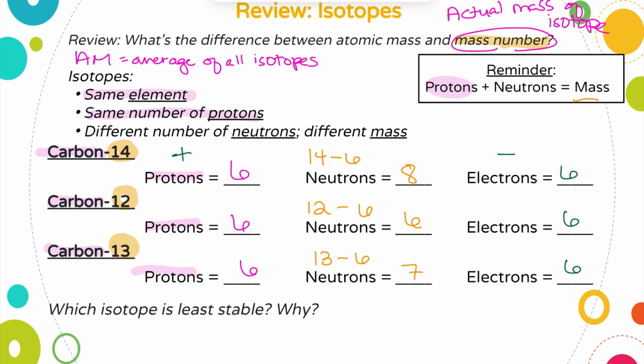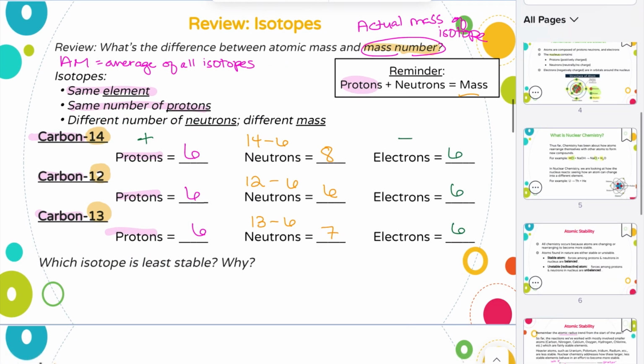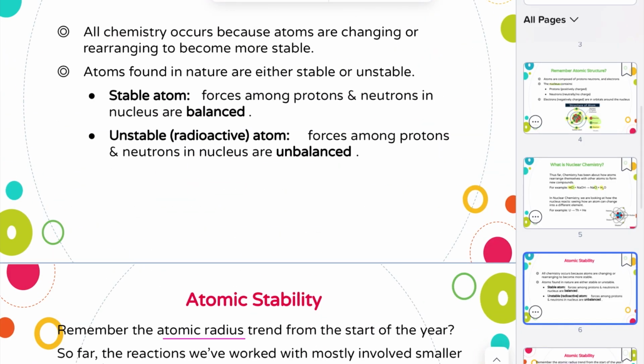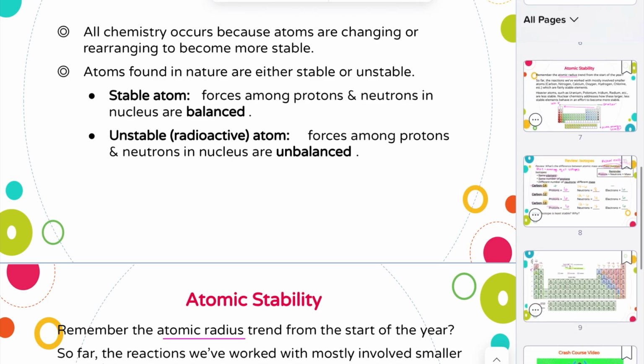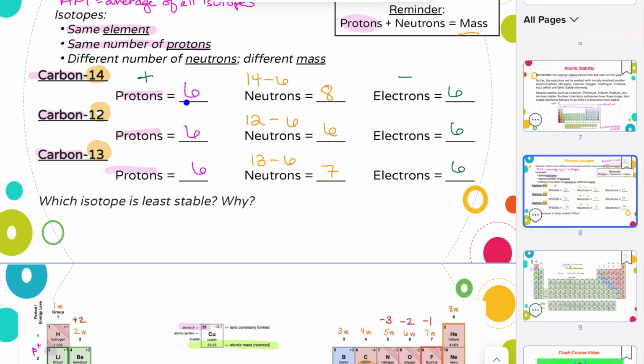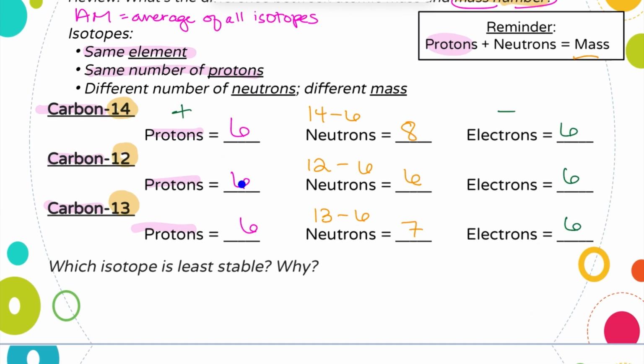So which isotope is the least stable and why? This is how we see different carbons are going to be stable and want to get to that stability. Thinking back to our slide where we talk about stability, forces are balanced between our protons and neutrons, or forces are unbalanced. Well, I've got 6 and 8 for my protons and neutrons, 6 and 6, and 6 and 7.